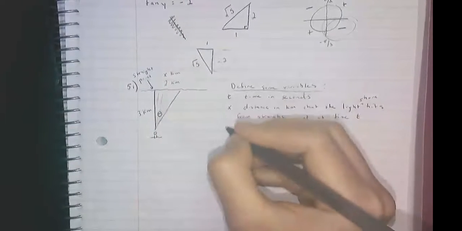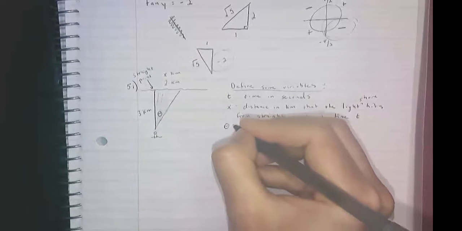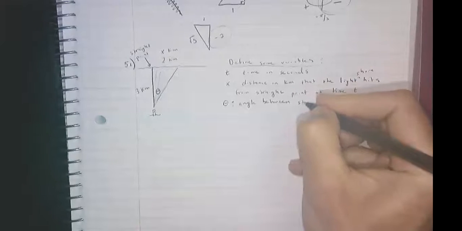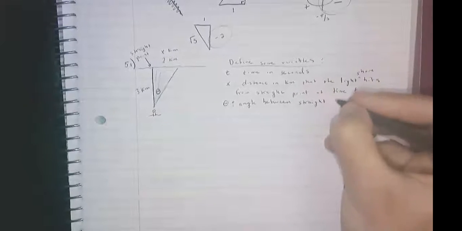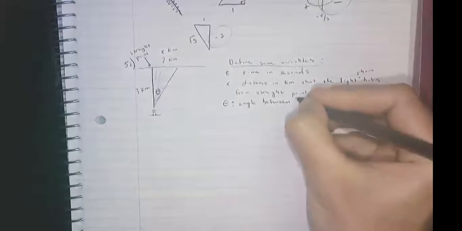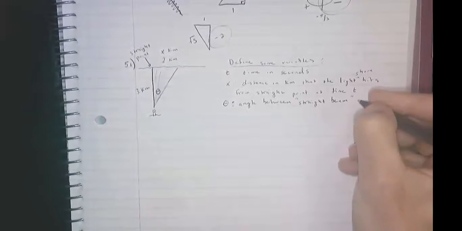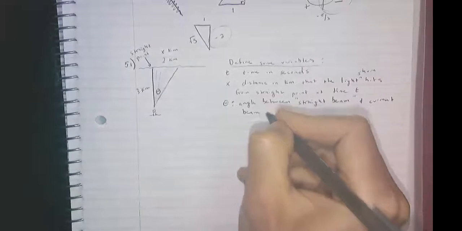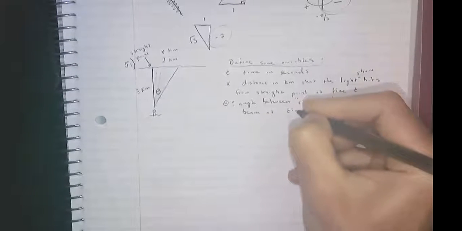So we're going to call theta, theta is going to be the angle between straight beam and current beam, so wherever the beam is, at time t. Cool.